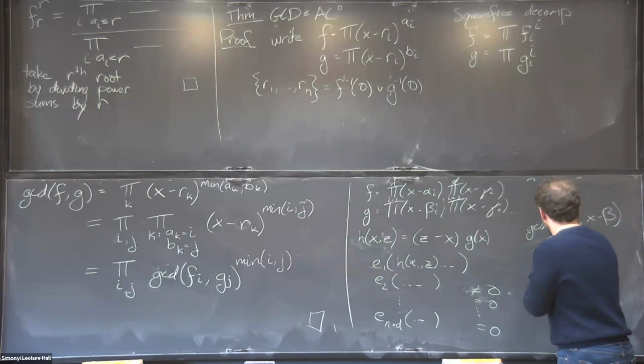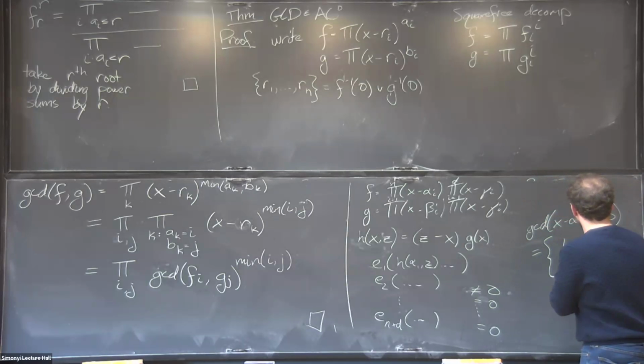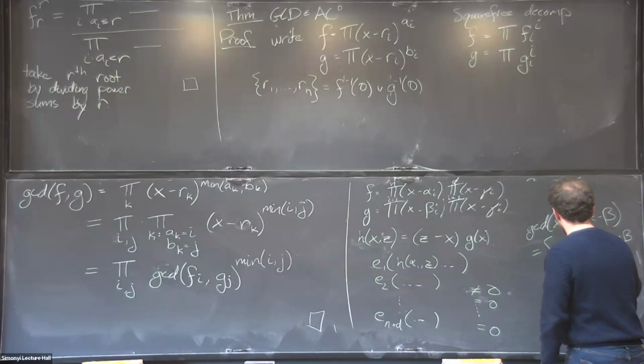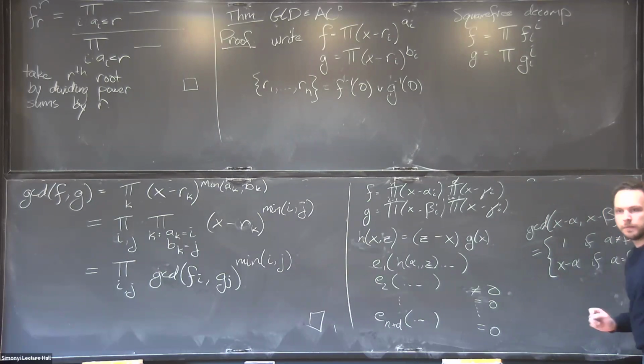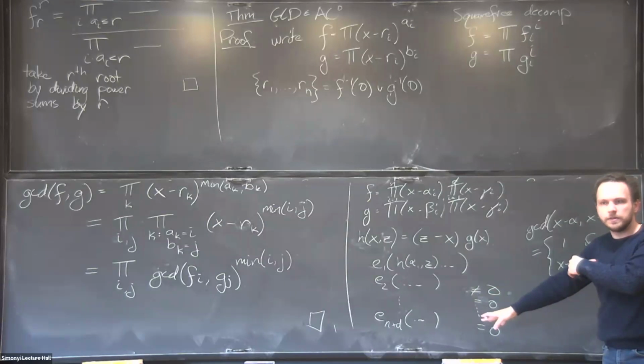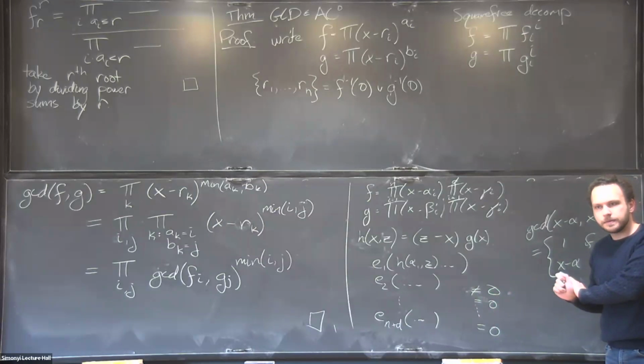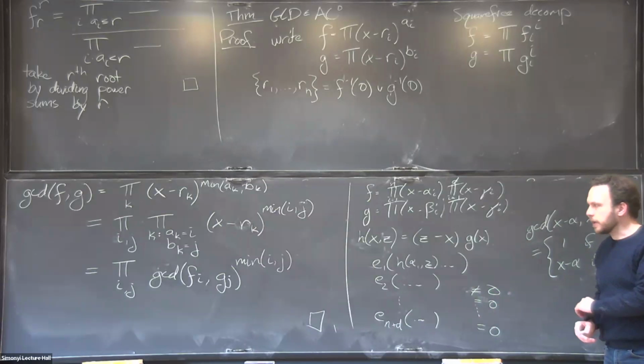This is 1 if alpha and beta are different, and this is x minus alpha if alpha and beta are the same. So the GCD itself is very discontinuous, but algebraic circuits, formally speaking, they compute continuous functions. So there's going to be some kind of fudging that I have to do here. Does that answer your question? Okay, great.